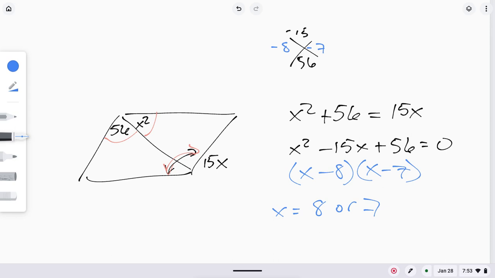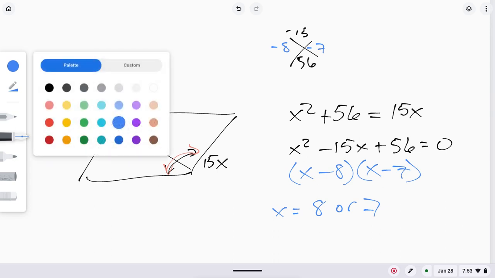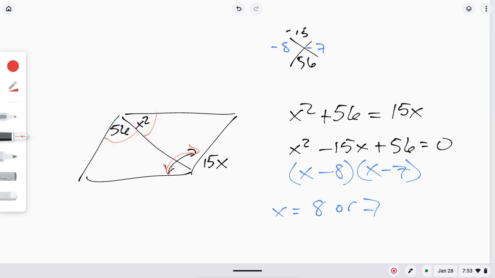You could have two different answers, but it is entirely possible that at some point, in this case it's not true, and I don't have an example like that for you right now, but had one of those two factors actually been positive, so it was x plus 8 times x minus 7, your actual answer would have been negative.